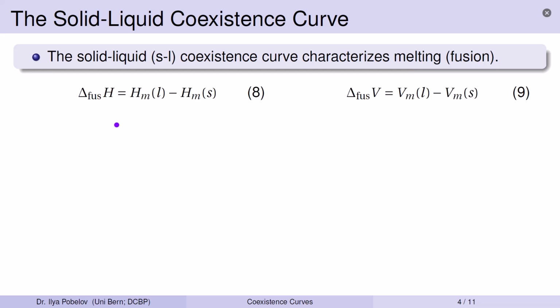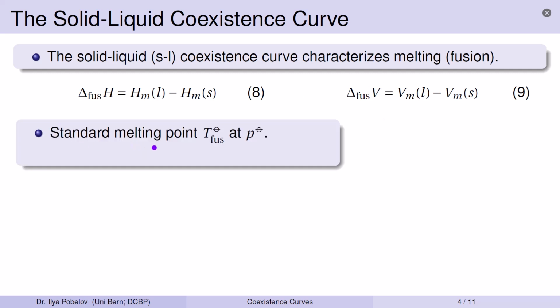The key characteristics of this transition are the difference in molar enthalpy and molar volume between the liquid and solid phases, represented by the enthalpy of fusion, delta fus H, and by delta fus V. We label the standard melting point at the standard pressure as T fus standard, under the assumption that both delta fus H and delta fus V remain relatively constant across the temperature range of interest.